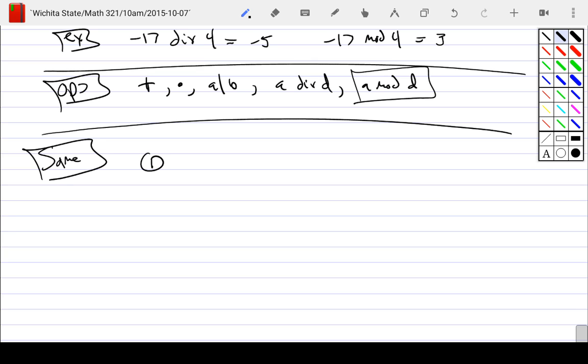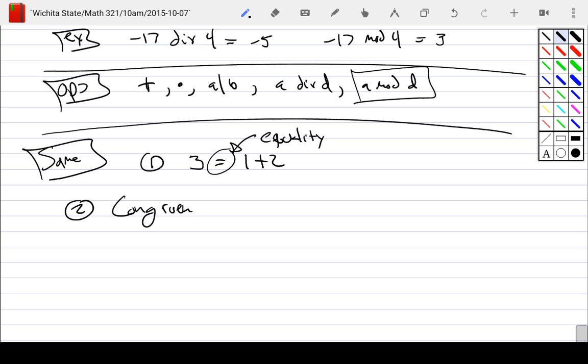The first one is obviously equals. I know that 3 being 1 plus 2, we all understand what equality means, right? Same amount. Now what we're going to talk about next class is a new type of same, and that is congruence.